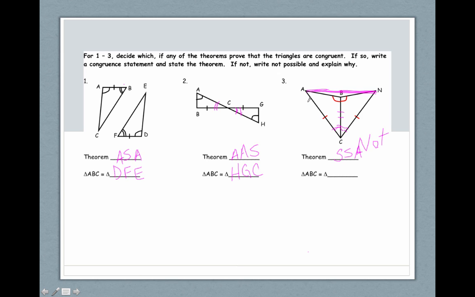So we wouldn't really put it as side, side, angle so much as side, angle, side. And ABC is congruent to NBC.